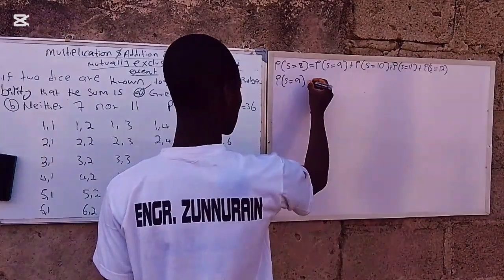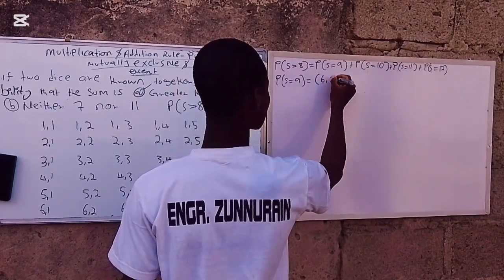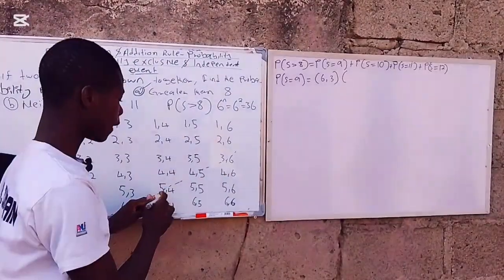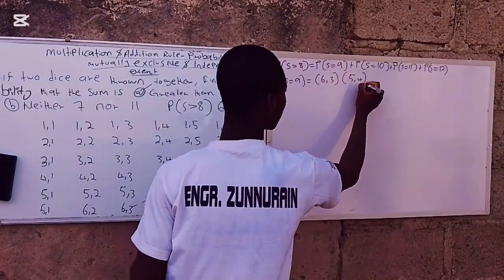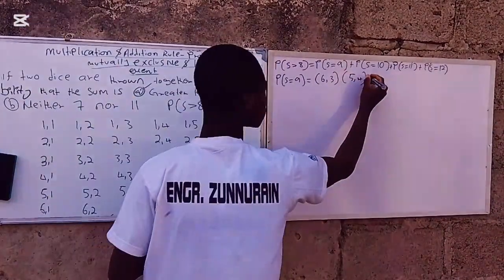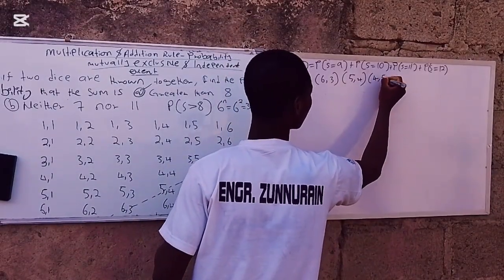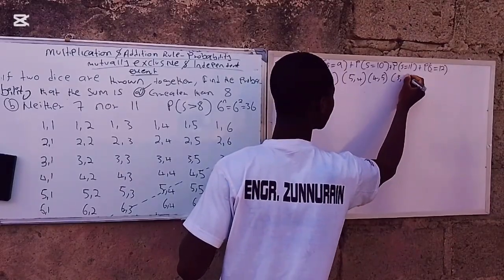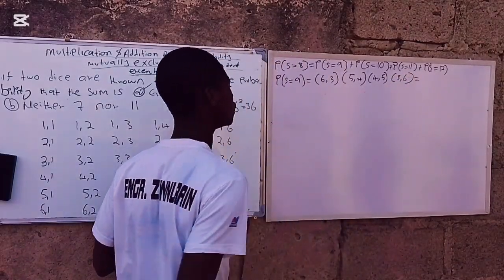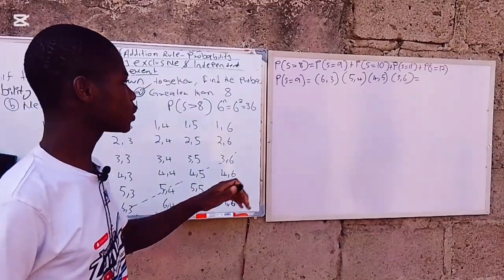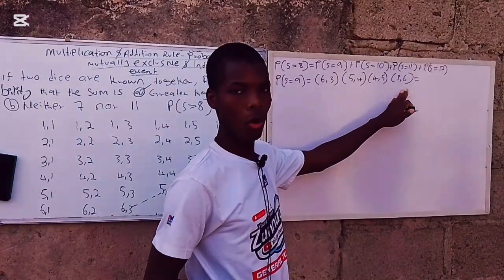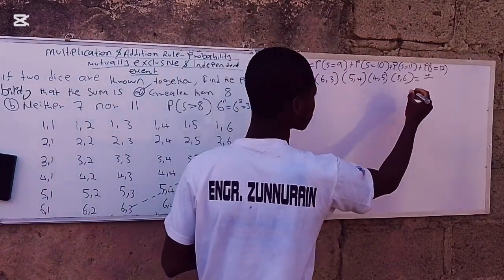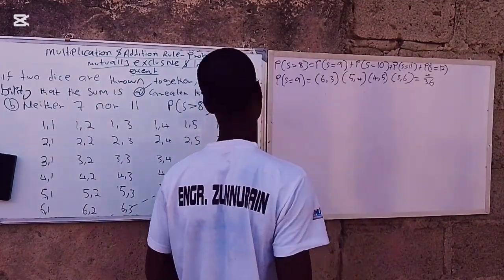So I have 6 and 3, 5 and 4, 4 and 5, and 3 and 6. So what will be the probability? The probability should now be 1, 2, 3, 4, so I should have 4 divided by the total outcomes, which is 36.